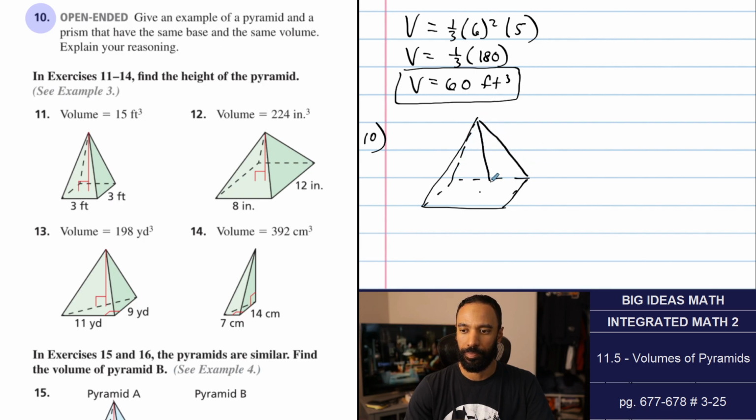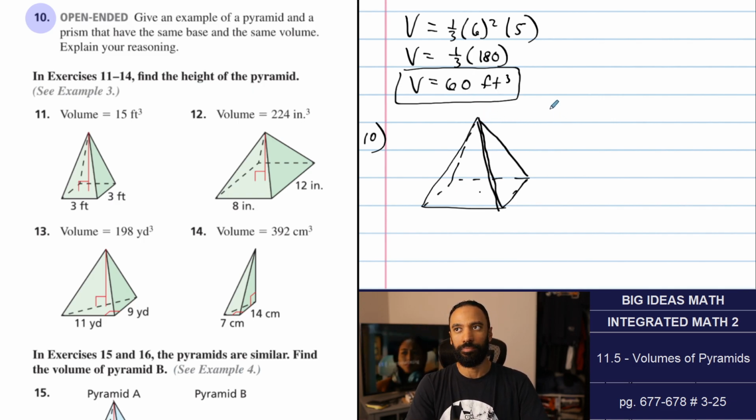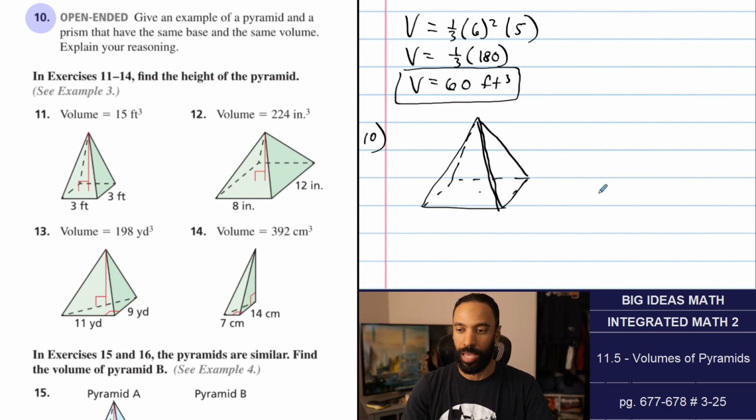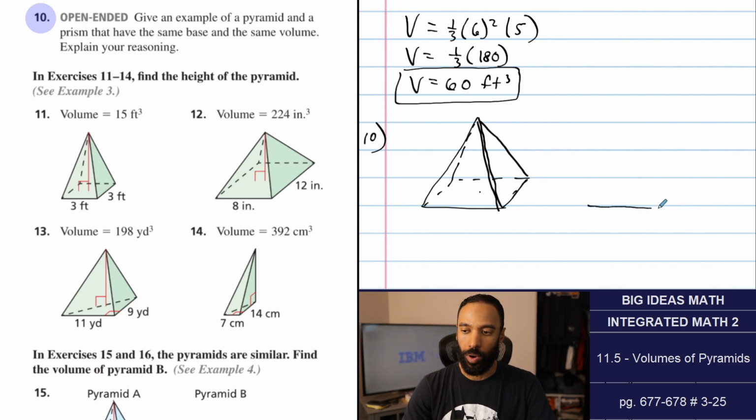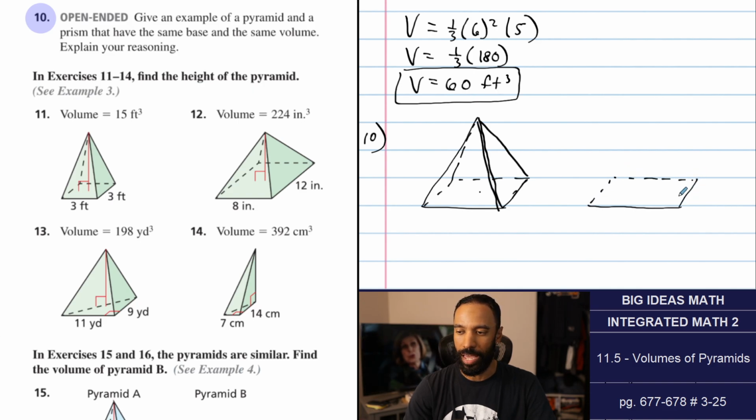Square pyramid here. Now, the square prism, remember, a volume of a pyramid is 1/3 the volume of a prism. If you get a prism that's 3 times smaller, then they cancel each other out in that way, right? They had a drawing of one of these on the initial page of our notes.